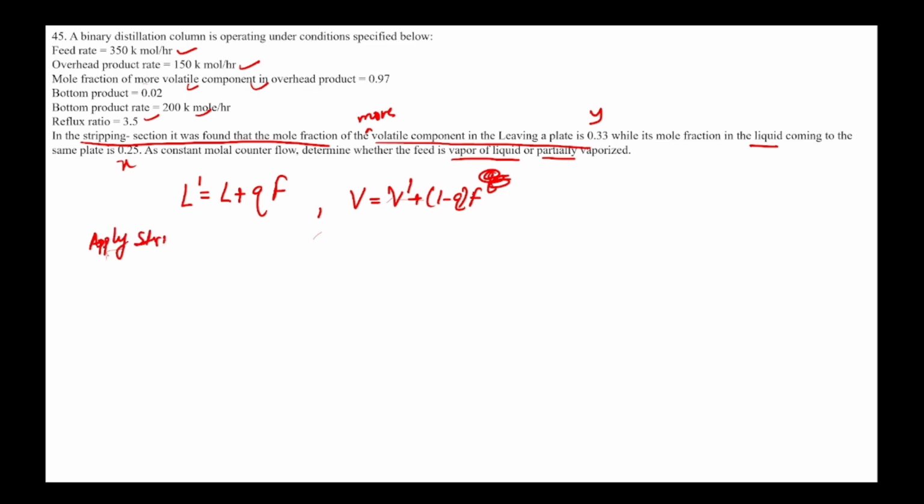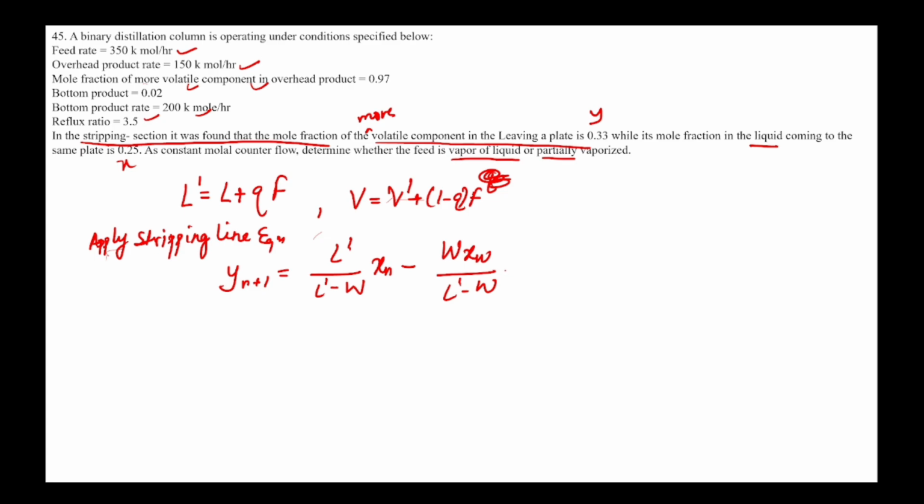Yn plus 1 is equal to L dash upon (L dash minus W) xn minus W xw upon (L dash minus W).